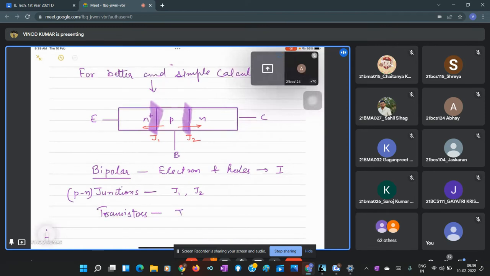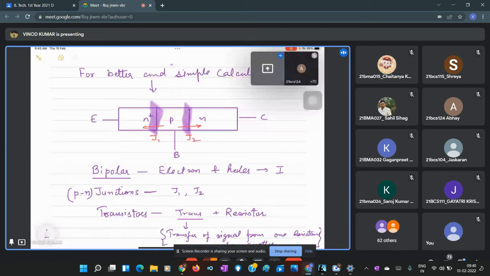The word transistor is made from transfer and resistance. Transfer means transfer of signal from one resistance to another. That's why its name is transistor.